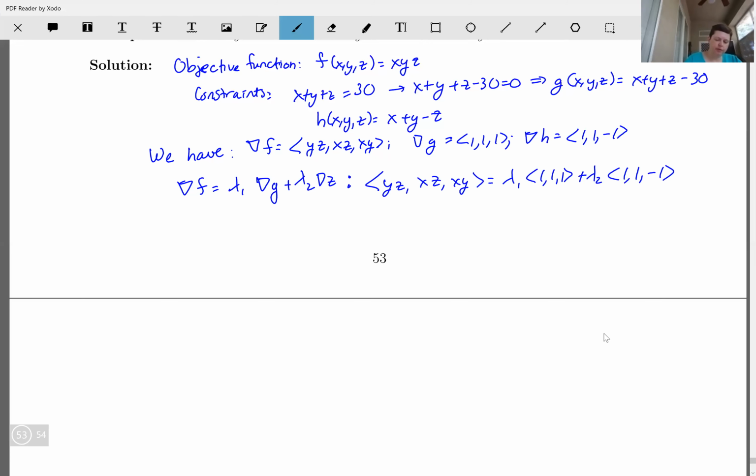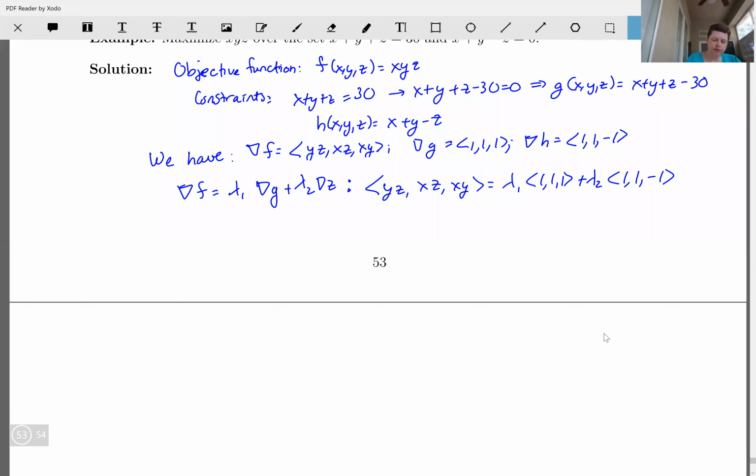And then, of course, we have our constraint equations: g equals 0, so x plus y plus z equals 30, and h equals 0, so x plus y minus z equals 0.